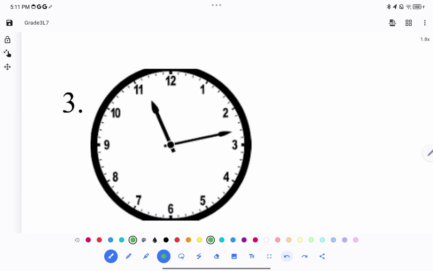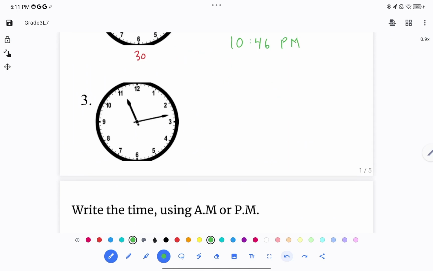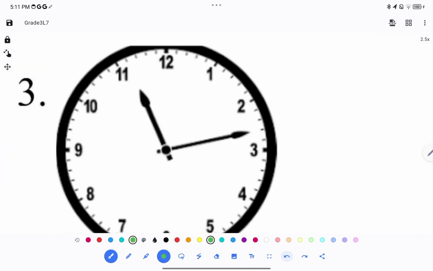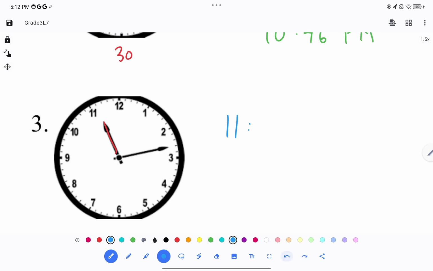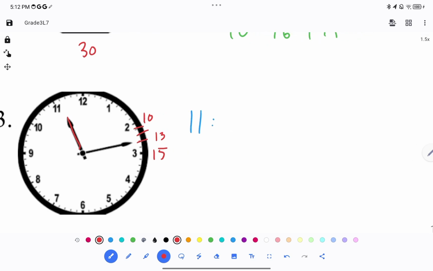Okay, number 3. The hour hand right here is the shortest hand. It's just after 11, so it's 11, colon to separate the hours and the minutes. This is 10, this is 15, so it's 3 after 10, so it's 13.